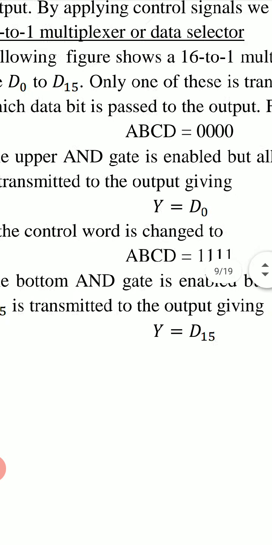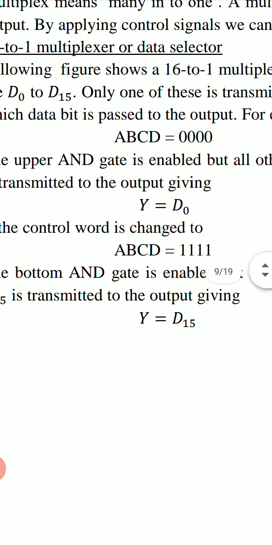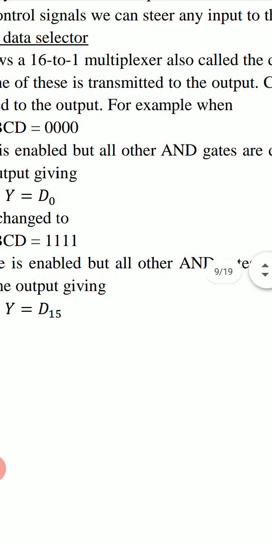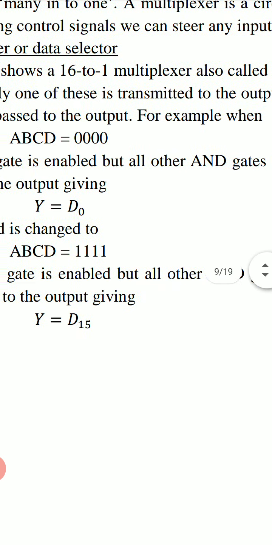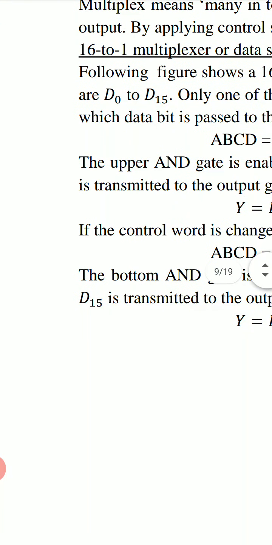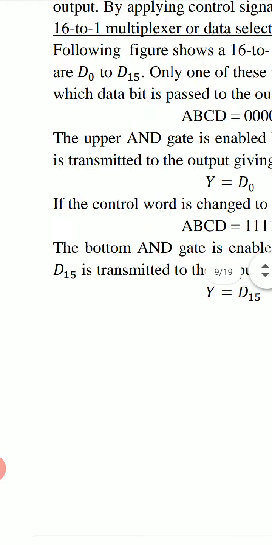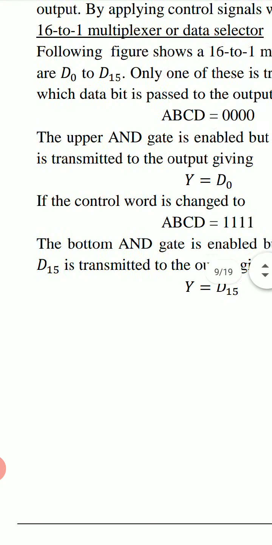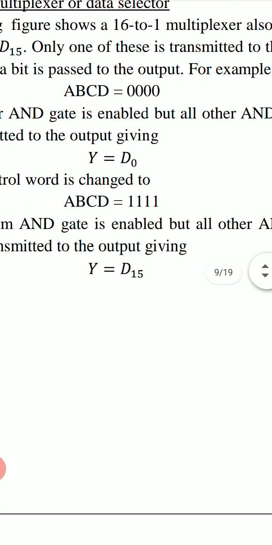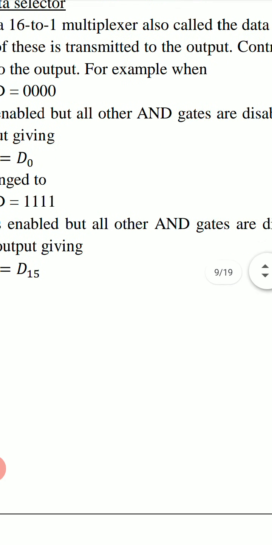The following figure shows a 16 to 1 multiplexer, also called the data selector. The input data bits are D0 to D15. These are 16 input bits. Only one of these is transmitted to the output.